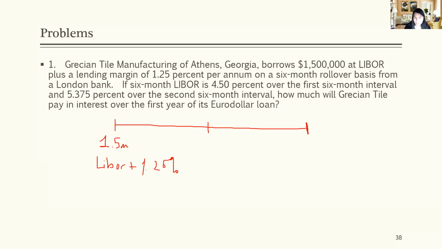The first loan is going to be 6 months, and then after 6 months, you want to roll it over for another 6 months. In the first 6 months, LIBOR is 4.5%, and then in the next 6 months, it is going to be 5.375%. The question here is, how much interest payment will I make after the first year?